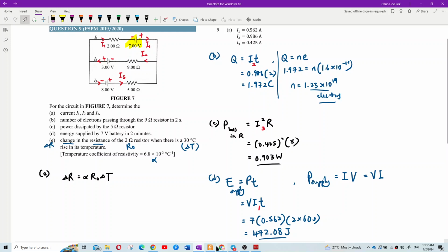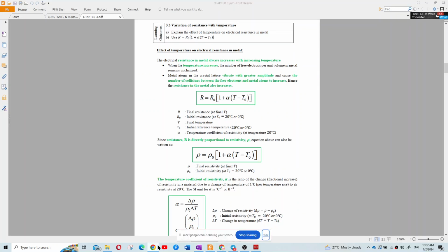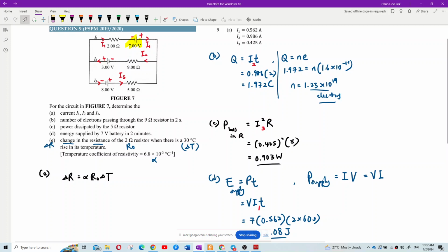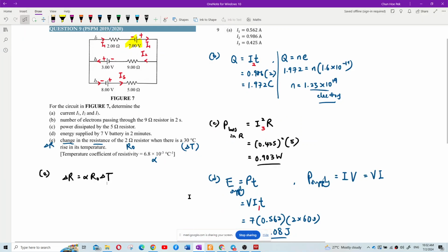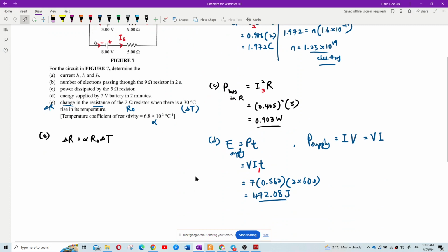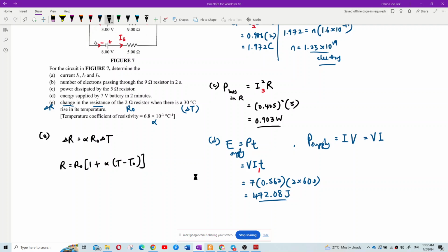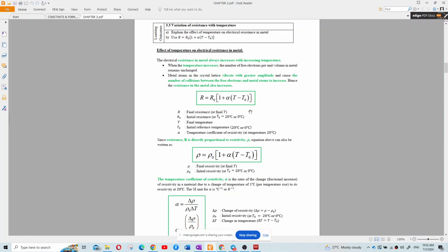This is almost like the thermal expansion formula, if you remember, in semester 1. This is the original formula.